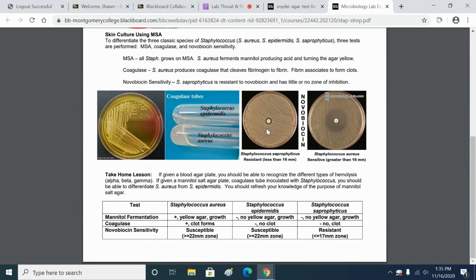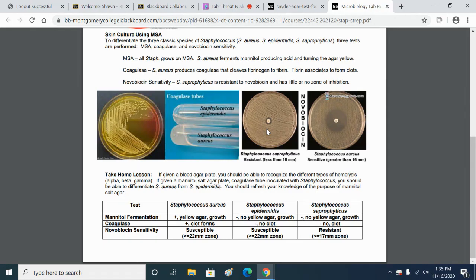Sometimes you may have a larger colony and a real tiny colony right next to it, almost touching, and you don't realize it, and you pick up two organisms at the same time. So it's possible you were testing two different organisms, which is why you got conflicting results.